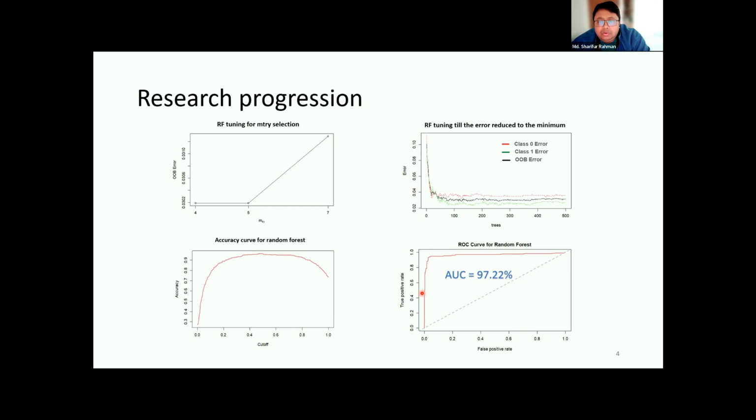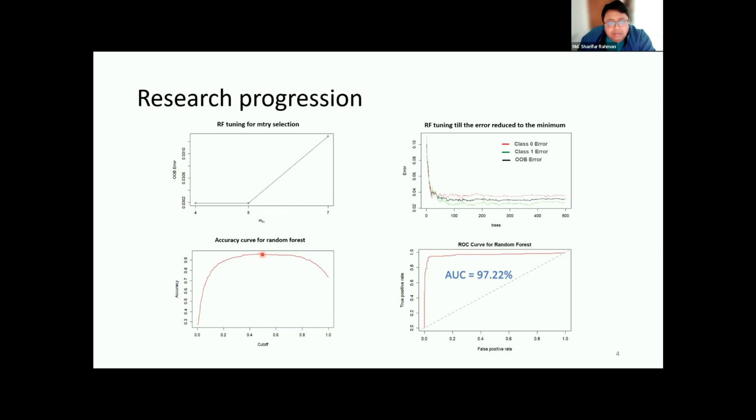And also you can see in the right graph, we tried to reduce our class 0 and class 1 error to its lowest point, as well as the OOB error. Our classifier was tuned until we got a 97% accuracy rate.